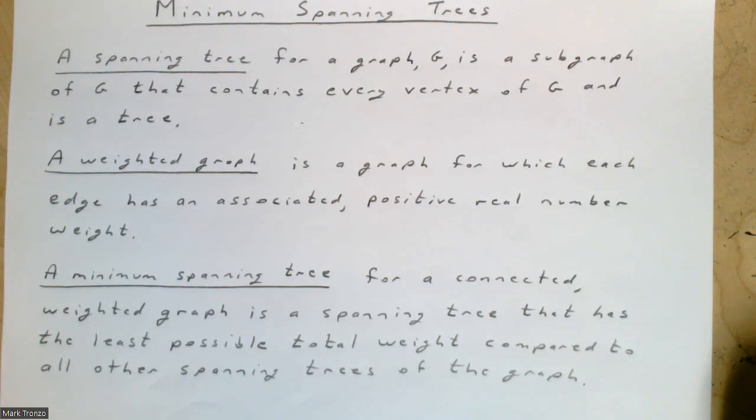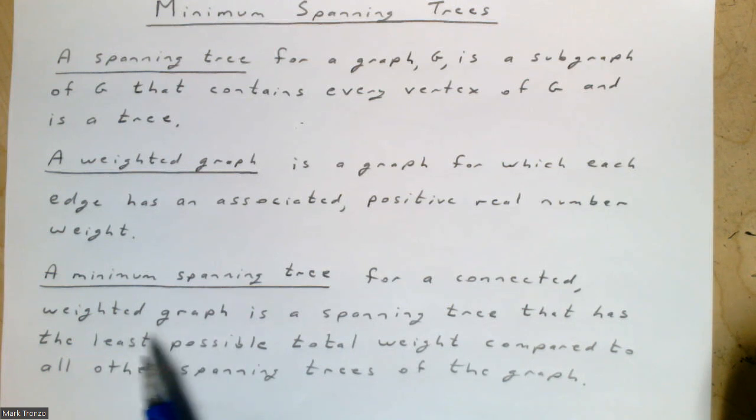A weighted graph is a graph in which those edges are assigned numbers. Like I said, they could be weights or dollars, or they could be lengths, anything like that. And then the minimum spanning tree is what we're going to mainly be focusing on.